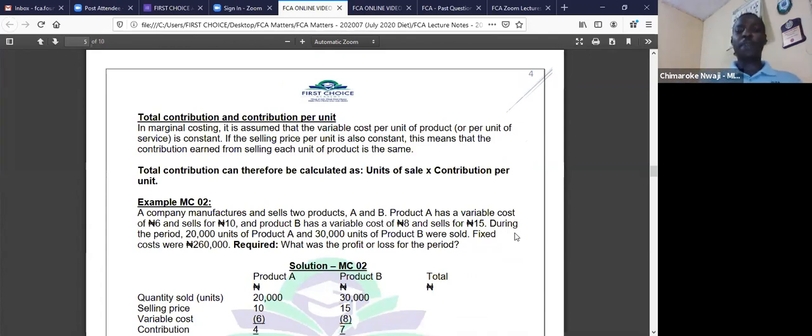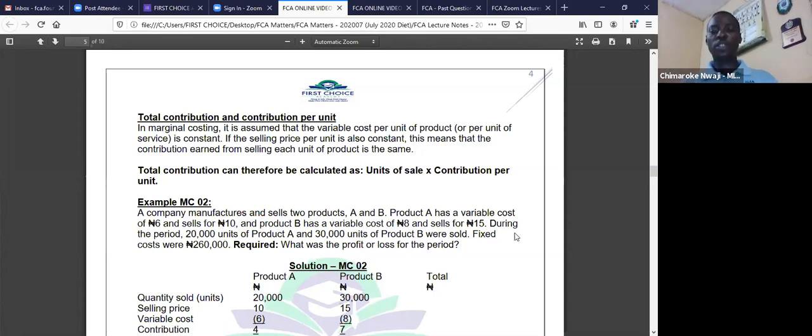If the selling price per unit is also constant, it means that the contribution from selling 1 unit of a product is the same. So when I say, okay, I want to buy a phone, maybe a particular brand of phone, the selling price does not change.